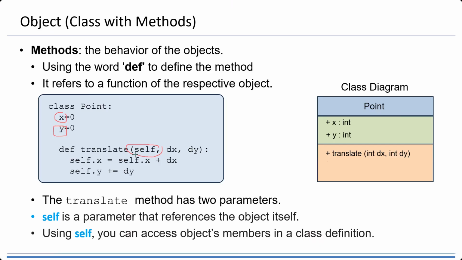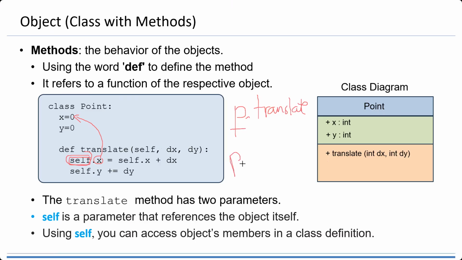Now you can see I'm using self in the parameter, and then I have dx and dy. Self.x means I want to access the variable x on the particular object. When I call p.translate, I will know the value of x on p, because I use self.